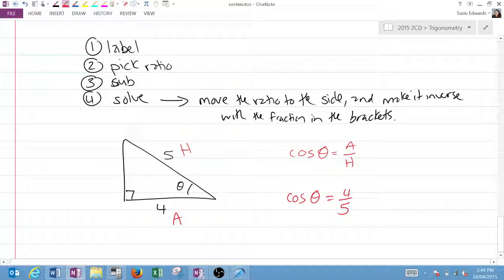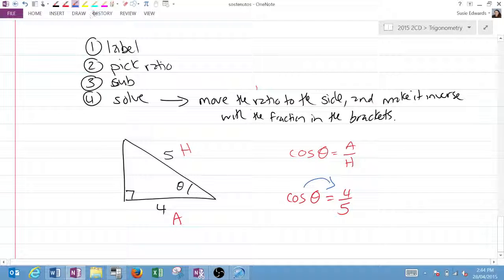Now, the whole rule of algebra is we always want to get the pronumeral by itself. At the moment, it has cosine next to it. Yeah? So we need to get rid of the cosine, and to do that, we bring it over to the other side. Now, because there's already a fraction there, we can't put it as a divide by, this divided by cosine, which is why we use the inverse cosine.